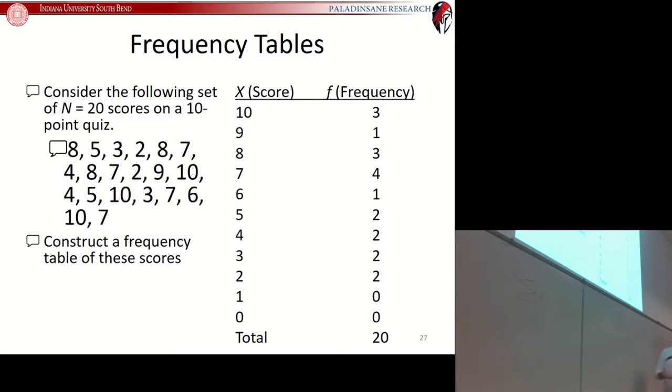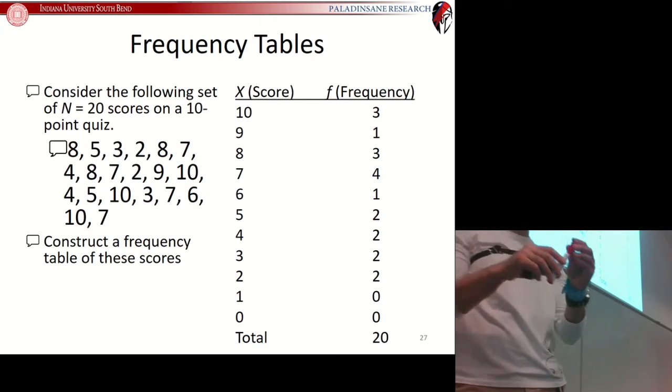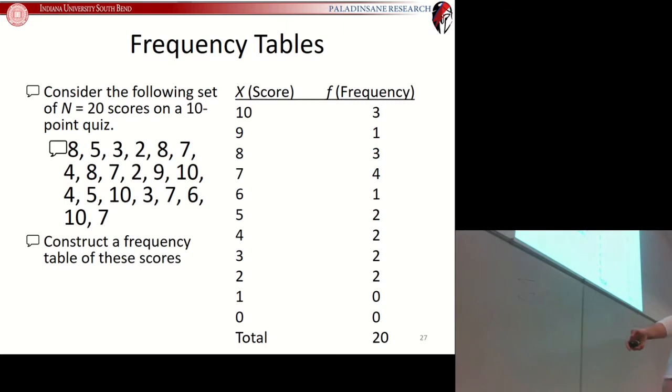So just remember, these are the possible scores. They're labeled the scores, but in a frequency table, they're possible scores, not the actual scores. So if you're asked for the sum of the actual scores, don't fall for it. Don't start going, oh, 10 plus 9 plus 8 plus 7 all the way down to plus 1 plus 0. All right, you'll hear that PSA probably a few more times.